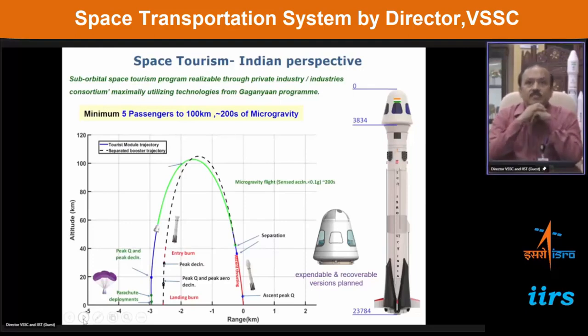So you get around 2 minutes of microgravity flight, and compared to Gaganyaan, space tourism is simple. It's not astronauts but regular ordinary people who will be traveling. So this concept is there, but definitely it has to be converted into a proper process or a program.